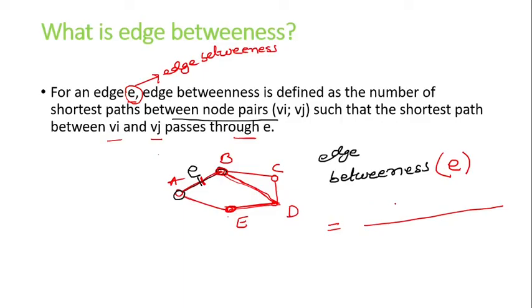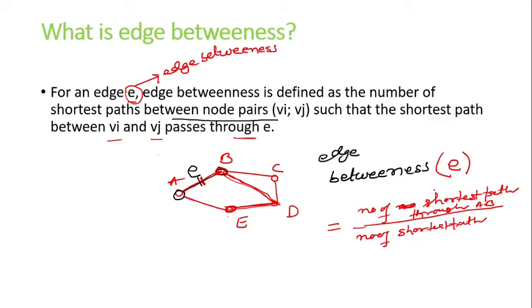So the edge betweenness will be, first thing, the number of shortest paths through AB, and the number of shortest paths. The numerator is the number of shortest paths that have AB, and the denominator is the number of shortest paths, both having and not having it. And this is for one pair of vertices.